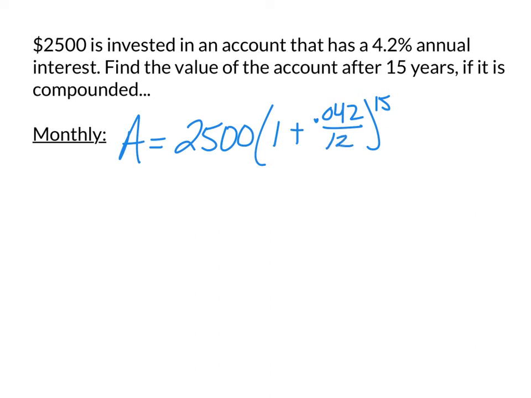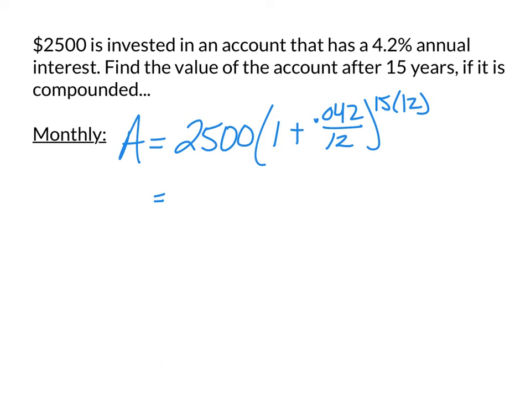It also means instead of being compounded 15 times altogether, it's going to be compounded 15 times 12 times, because that's each month for each of those 15 years. Now, you might think that must mean that our total amount is going to go down because we cut our percentage rate by so much. That 0.042 got divided by 12.